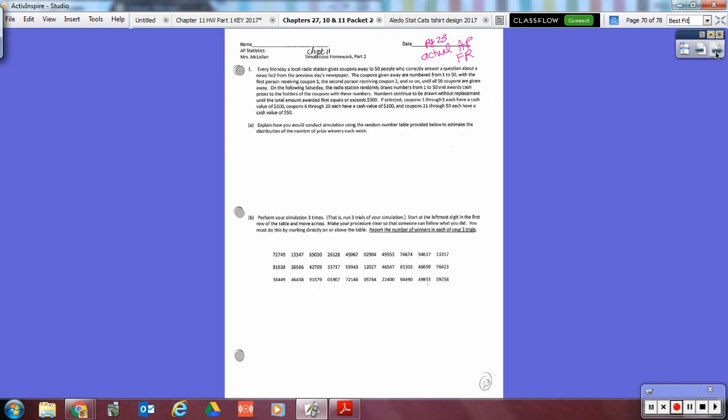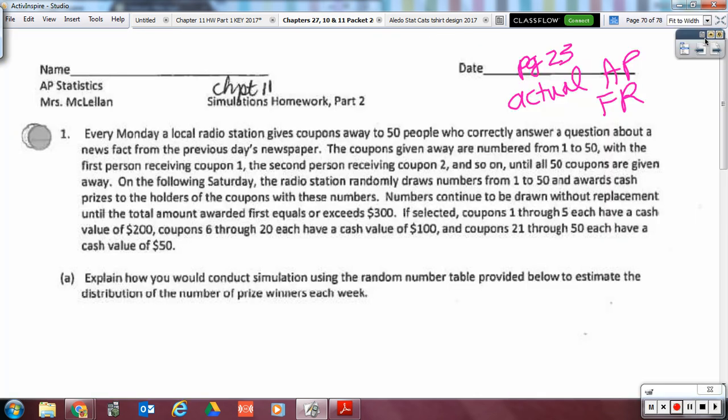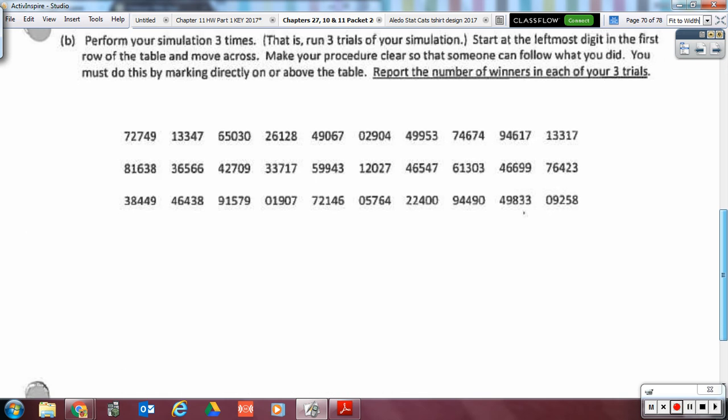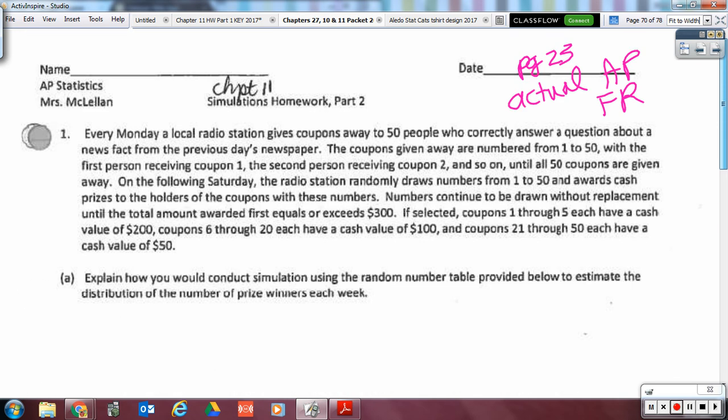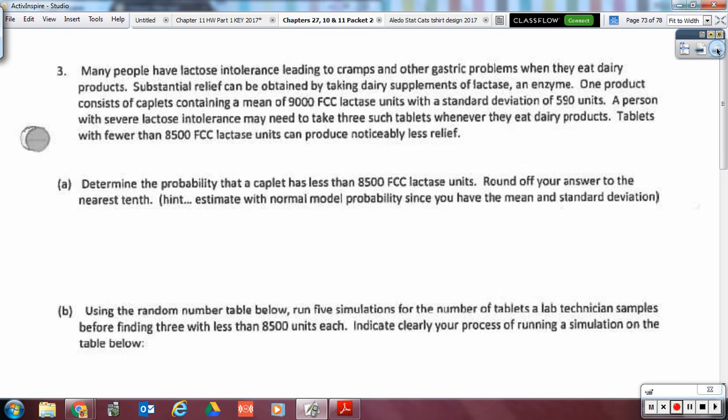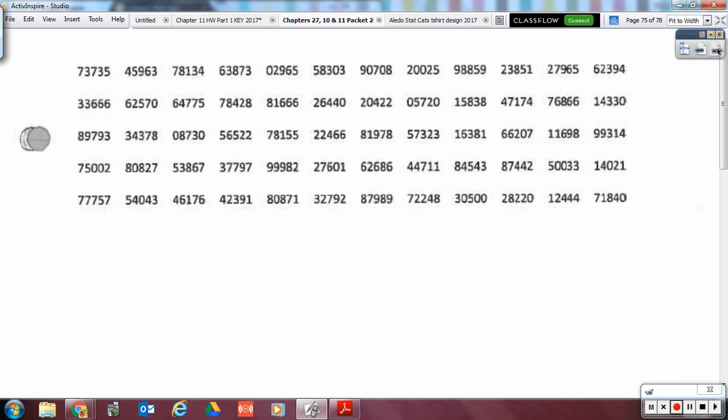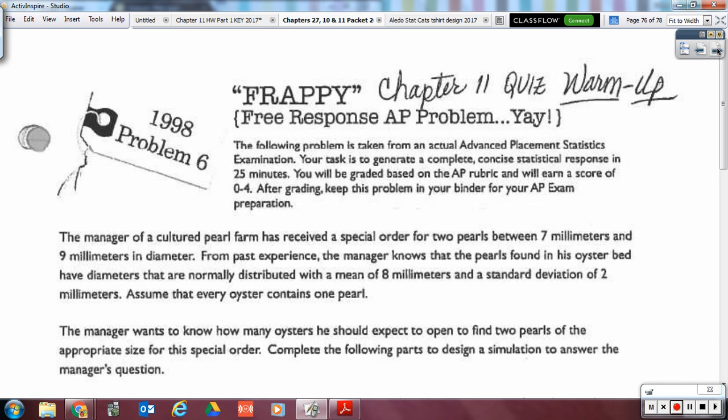Page 23, I wanted you to look at, is an actual free response AP question. Page 23 is the actual free response AP question that they used and in which they did a simulation. And I must have been wrong. I think yesterday I said there was only one that has been done, but in fact, the warm-up that you will be doing on page 29 does ask you to do a simulation as well.